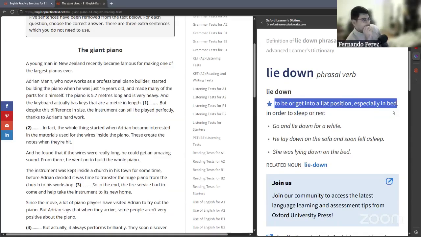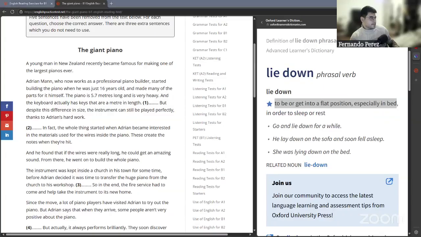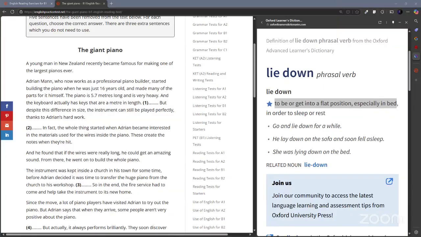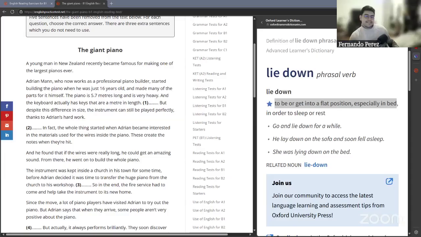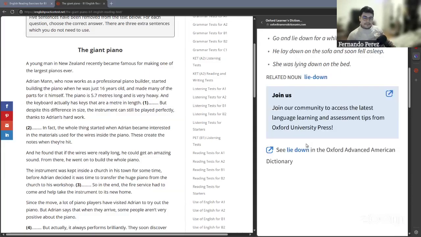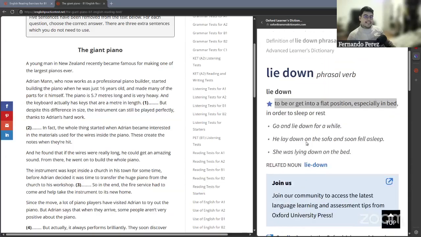What is lie down in Spanish? Es como acostarse en la posición, ¿no? Es acostarse. Literally. Lie down, acostarse. It's a verb. And let's put at this level B1.